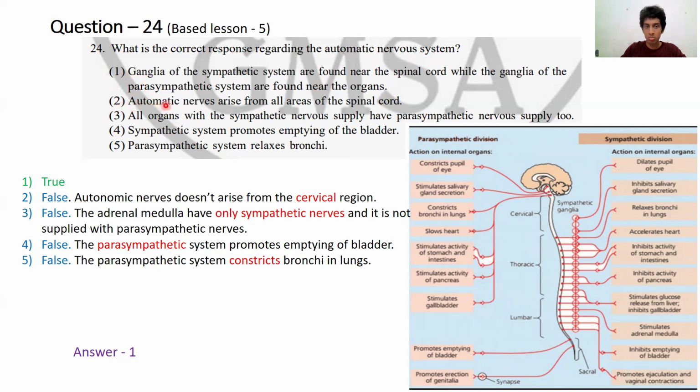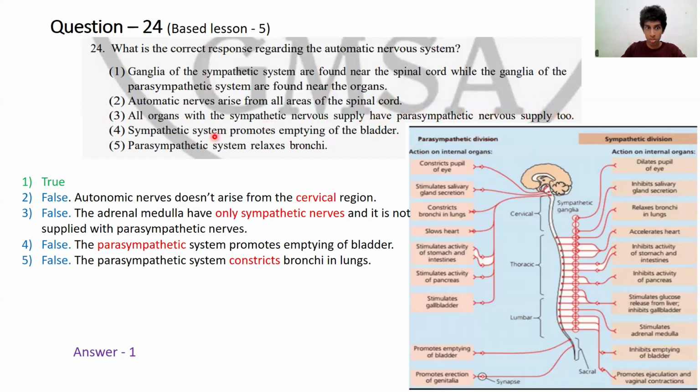Second one, autonomic nerves arise from all areas of the spinal cord. When you look at this diagram, you can see the autonomic nerves don't arise from the cervical region. So the second statement is wrong. 3. All organs with the sympathetic nervous supply have parasympathetic nervous supply too.